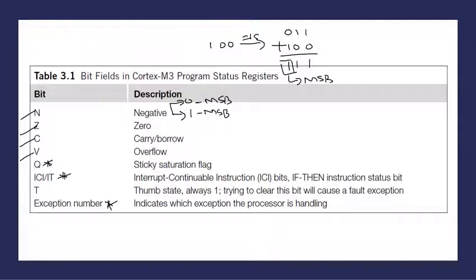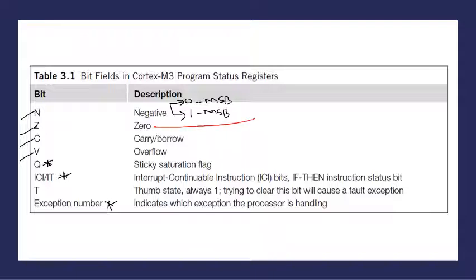Now if you consider the next one, that is the zero flag. The zero flag is very simple to understand. Whenever the result is 0, or all bits are 0, in such a case the zero flag will be indicated through 1.